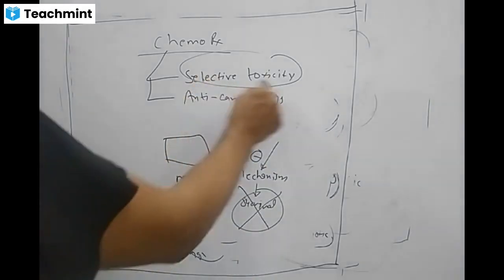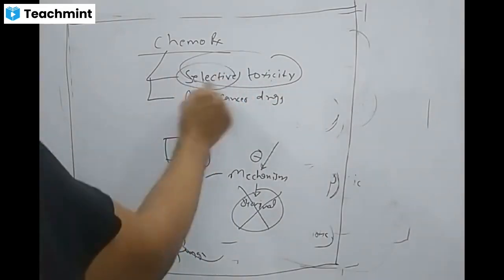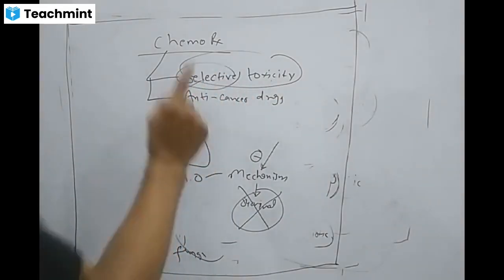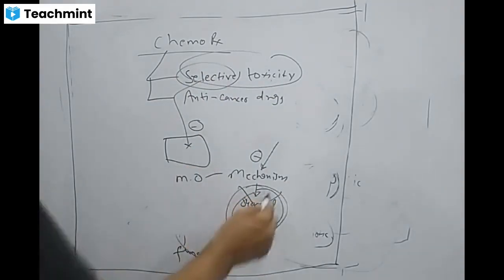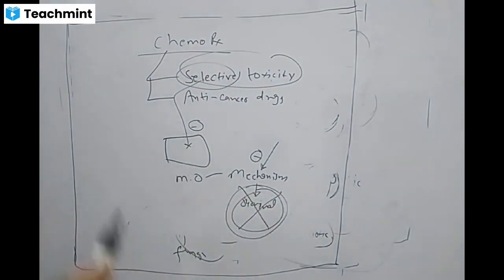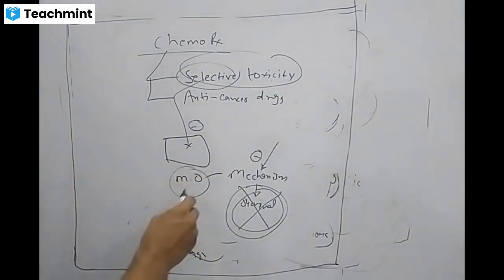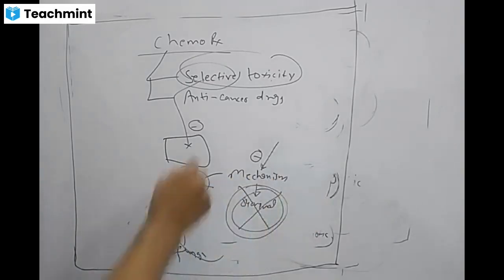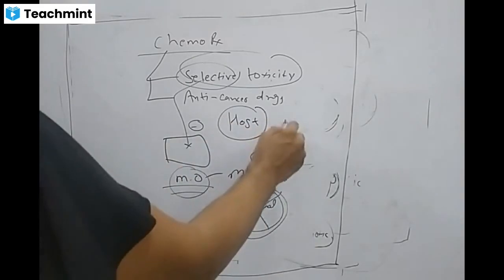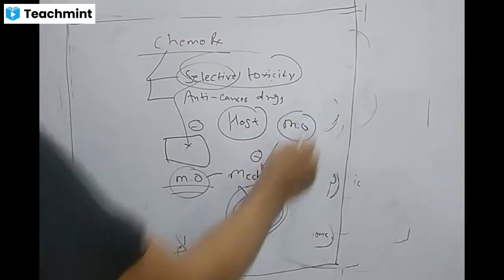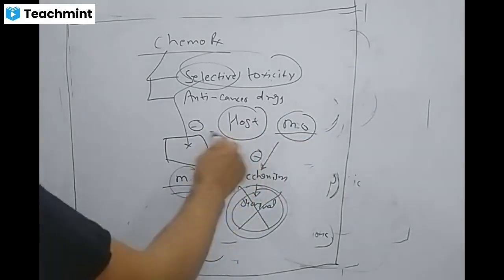So selective toxicity means that mechanism which is selectively inhibited by the agent, and that leads to loss of survival. The mechanism is present in the microorganism and not present in the host. So there are two things, host and microorganism: a mechanism used by the microbes but not by the host.